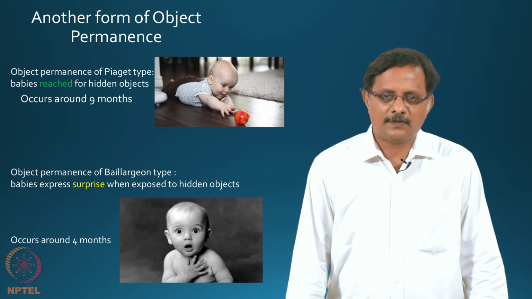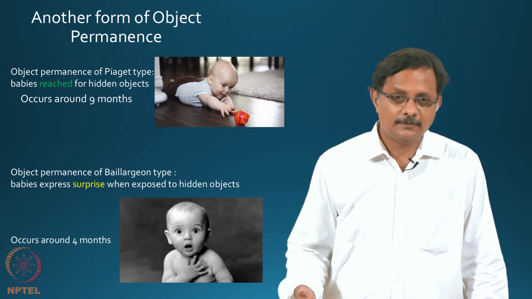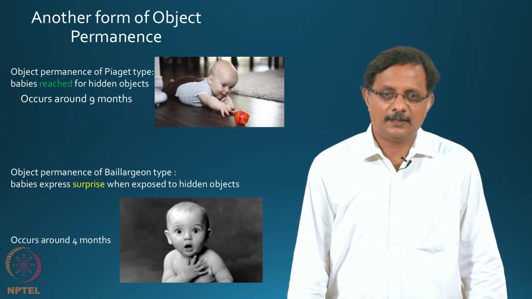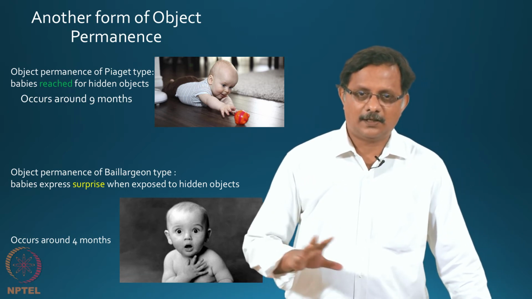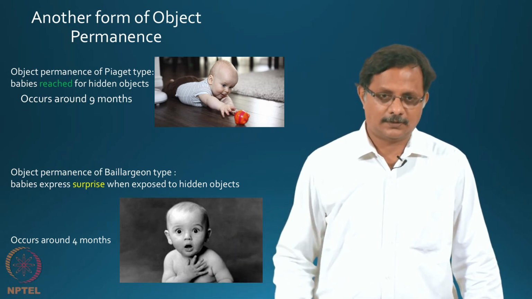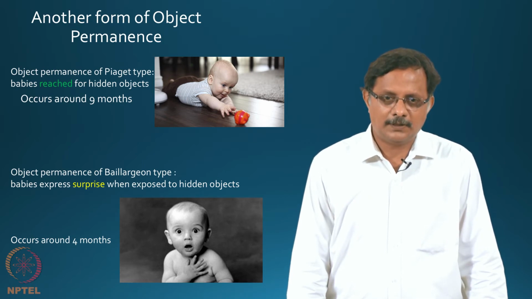The earliest work on object permanence was done by Piaget, a Swiss child psychologist, and a lot of his early work was done on his own children when they were infants. He noticed that babies reach for hidden objects when they are around 9 months, but before that they reach only for visible objects, not for hidden objects. But later on another scientist named Baillargeon found a different kind of object permanence.